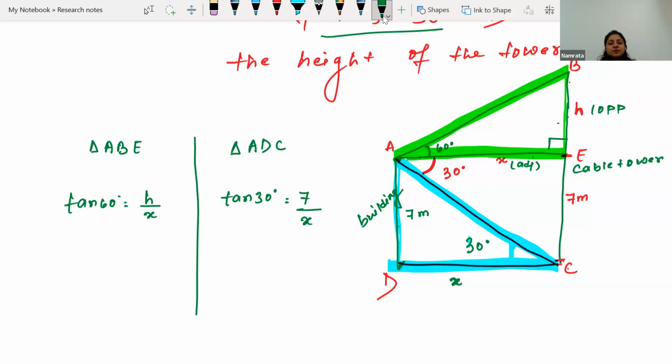Can you see? What is the value of tan 30?